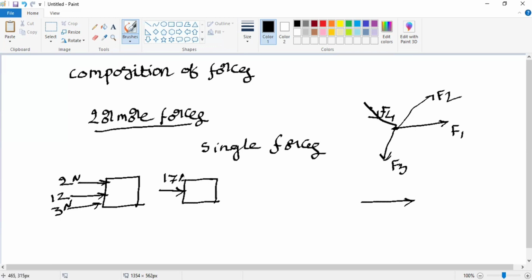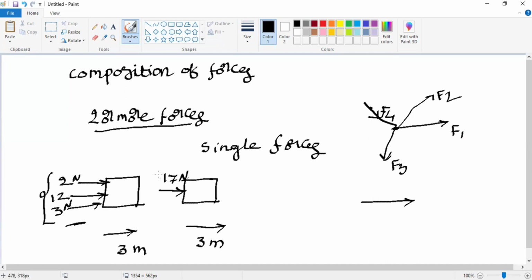That is 17 newtons. If you apply these three forces, let us assume the body moves 3 meters. Now those three forces can be replaced with a single force of 17 newtons, and the body will also move a distance of 3 meters. This is the example to understand the composition of forces.